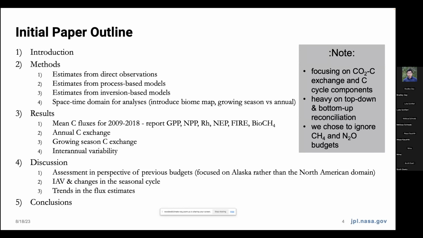We can talk about that again at the end, once we are done with the presentation. It was certainly more skewed towards top-down and bottom-up reconciliation, which is the activity that we were veering towards more and more. And as I said, we specifically decided that we'll ignore methane in our budgets for this outline.